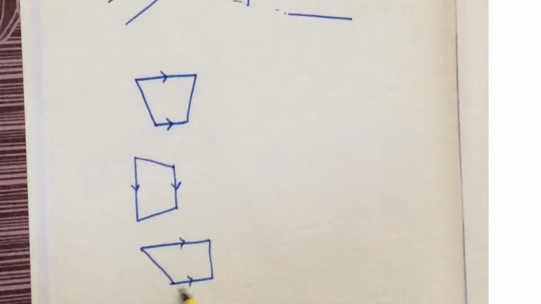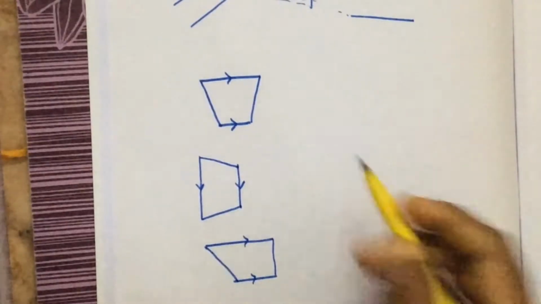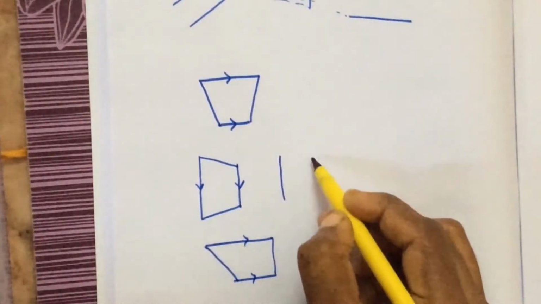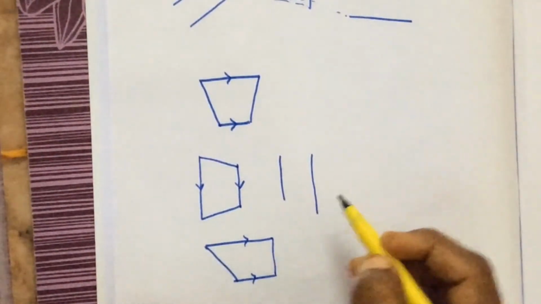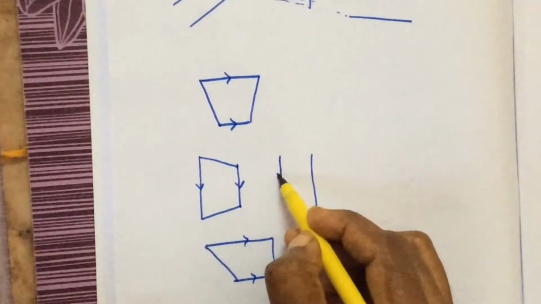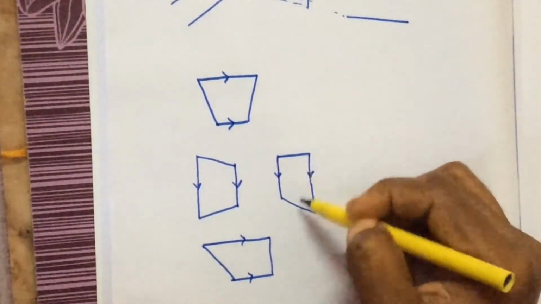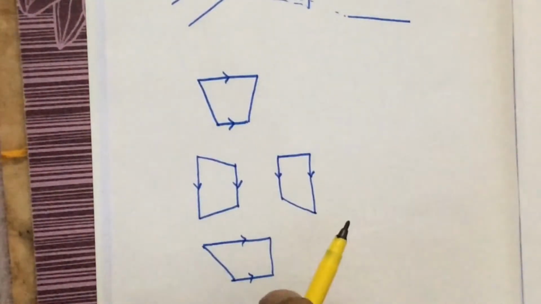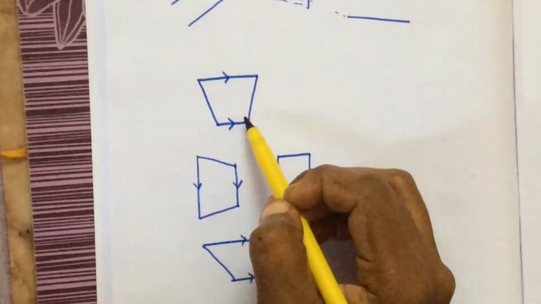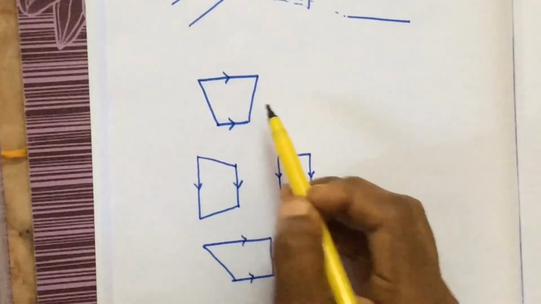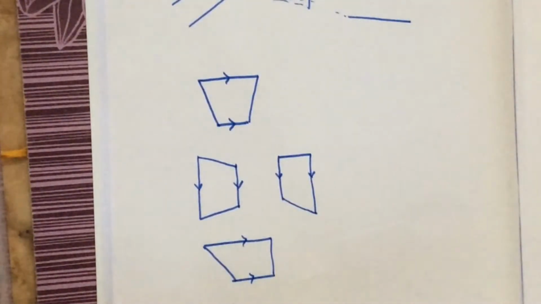The sides need not be equal. Another example: here both these sides are parallel and these are not parallel. So for a trapezium, one pair of sides should be parallel and the other pair should not be parallel. You have to check this for a trapezium.